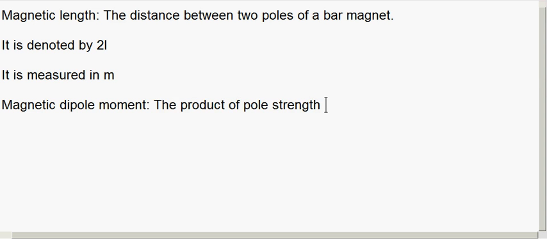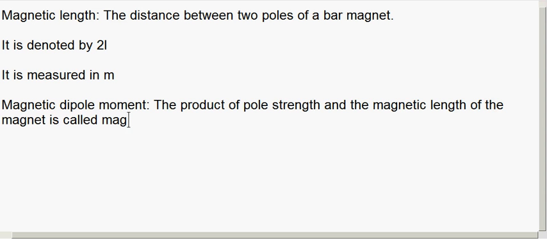Because both poles are of equal pole strength, the product of pole strength and the magnetic length is called the magnetic dipole moment of the magnet.